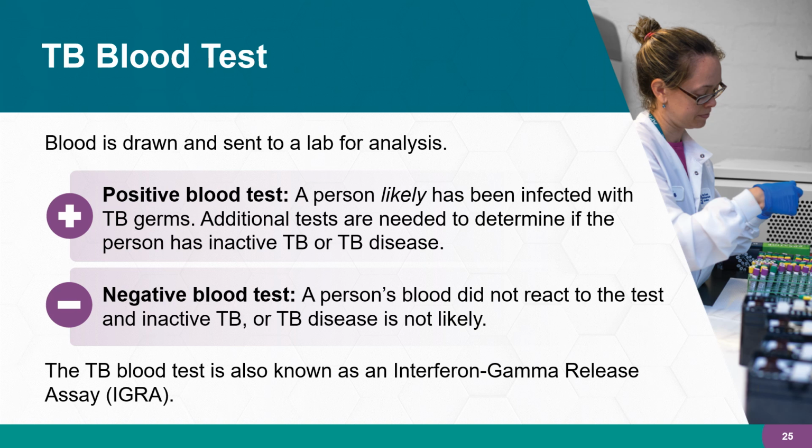Negative may include inactive TB unlikely but cannot be excluded, especially if the person has signs and symptoms consistent with TB disease, or the person has a high risk of developing TB disease once infected with TB germs. Blood tests are the preferred test for people who have received the TB vaccine.